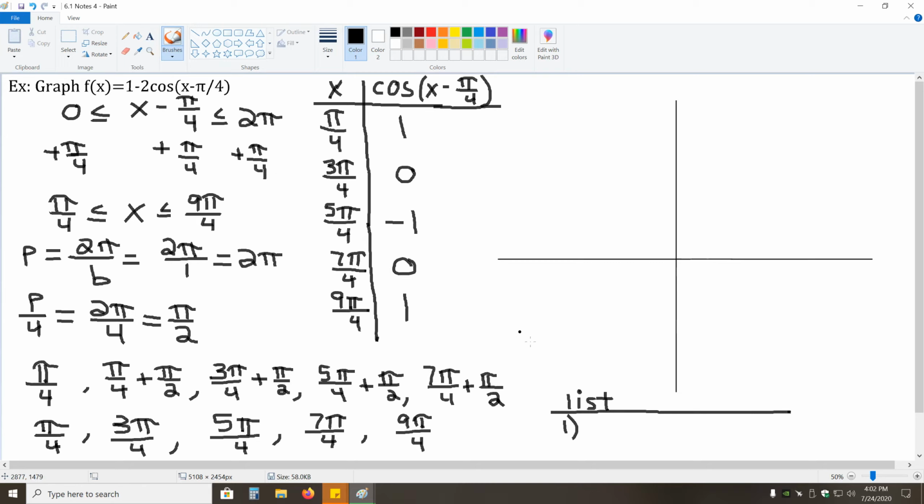That negative means we have a vertical reflection. Okay, so continuing on from there, we check, are we multiplying by a number that's not just 1? And in this case, we are multiplying by a 2. That means we have a vertical stretch.